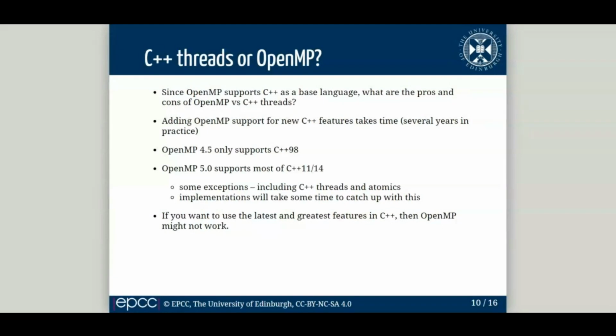OpenMP also has several standards, such as OpenMP 4.5 and 5.0. Normally, for instance, OpenMP 4.5 only supports C++98, the original C++, the older standard.